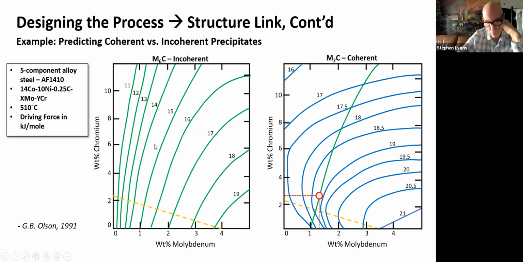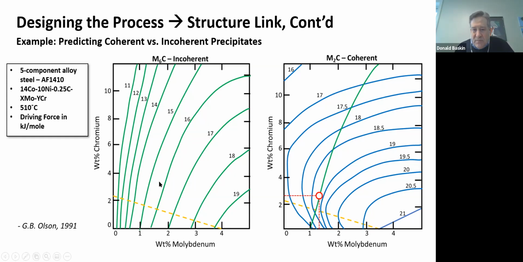So that made them realize that you need to pick a composition that doesn't get you past this point right here, where this yellow and green line cross. You don't want to get to the right of this point. You want to stay to the left of this point in order to avoid precipitating these M6C carbides.